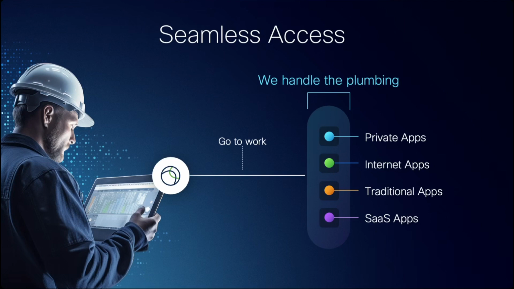But what if it's a traditional application and needs a VPN? In that case, we use a VPN connection and terminate that in either an on-premises based concentrator or in our cloud delivered service for VPN as a service. What if it's a SaaS application? Same thing. We'll open up a connection to the SaaS application, do a SAML assertion for single sign-on, and off we go.